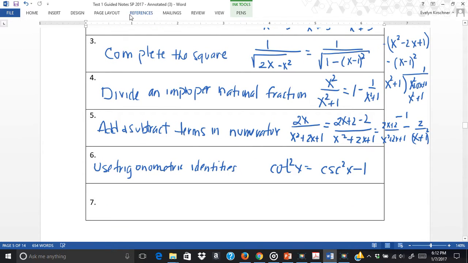And finally, the last one is multiply or divide by a Pythagorean conjugate.